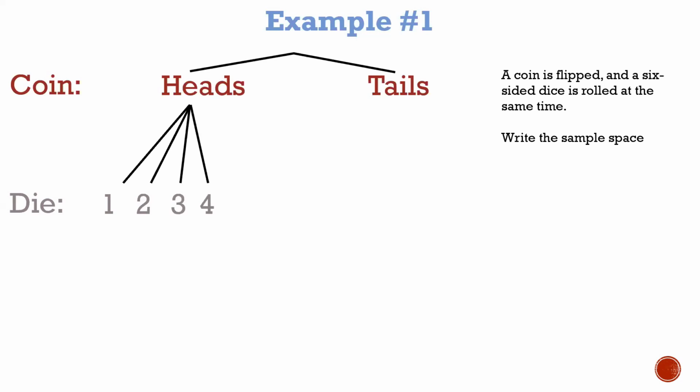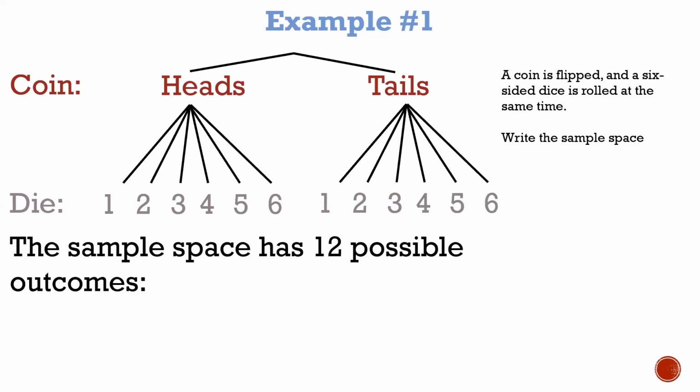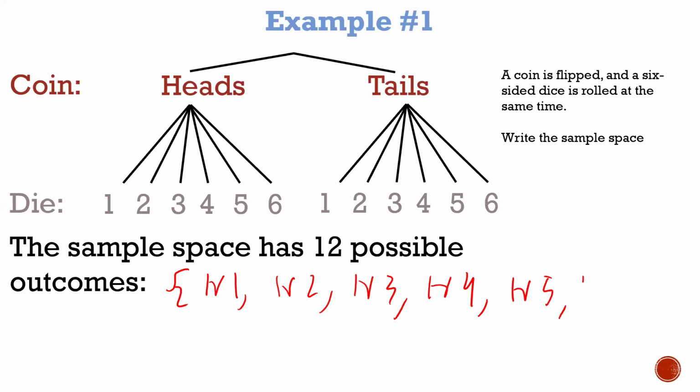I'm not going to say the rest of it out loud. You get the picture. So this sample space would have 12 possible outcomes, and you can find different ways to abbreviate them. So I could write heads 1, heads 2, heads 3, heads 4, heads 5, heads 6, T1, T2, T3.